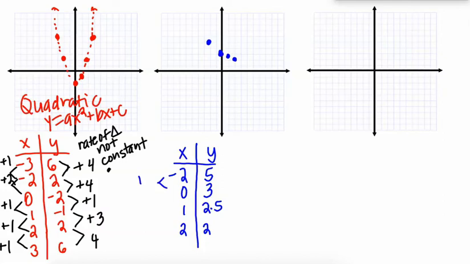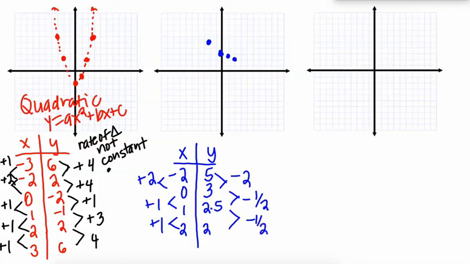So here we go up by 2, we go up by 1, we go up by 1. So this is our change in x. Our change in y, we subtract 2, then we subtract 1/2, and then we subtract 1/2. So negative 2 over 2 is negative 1.